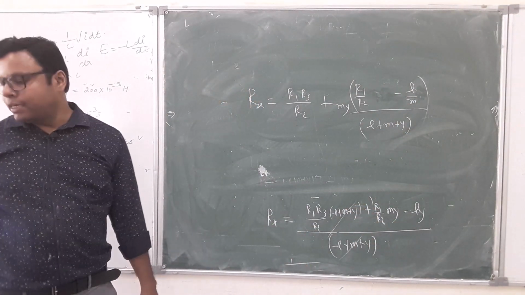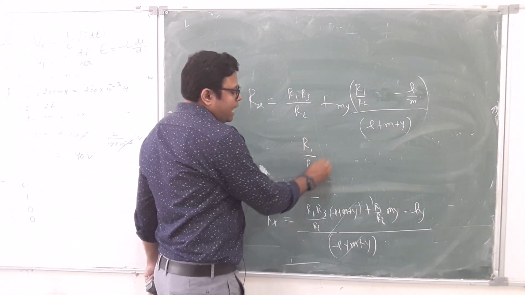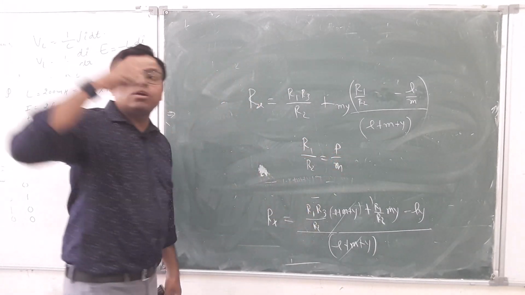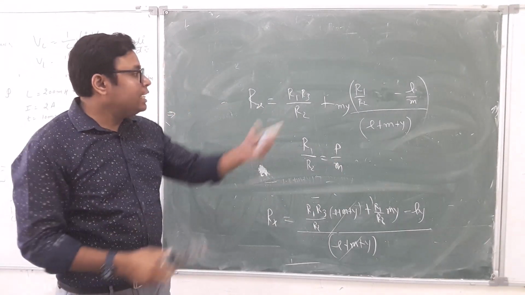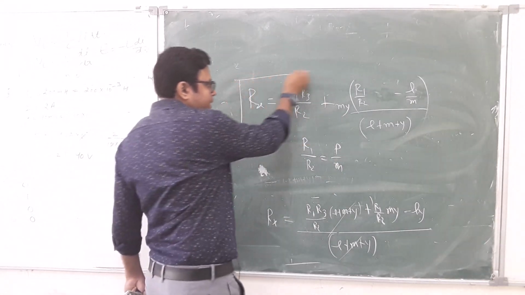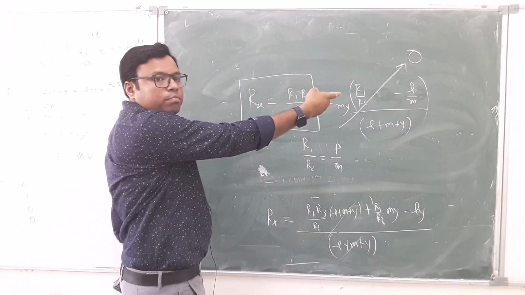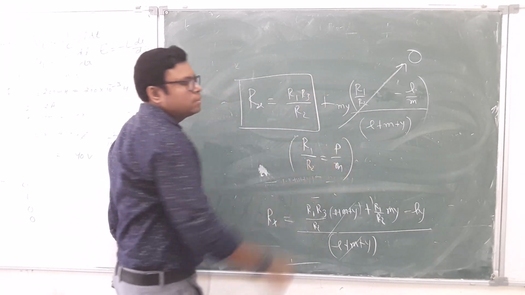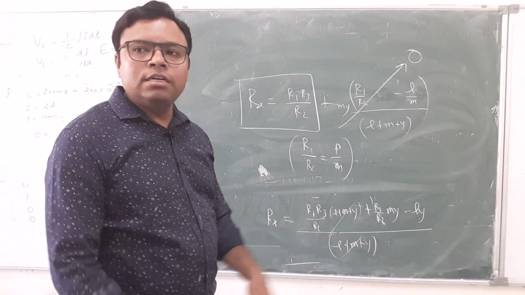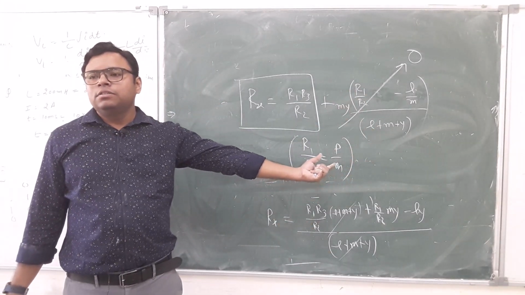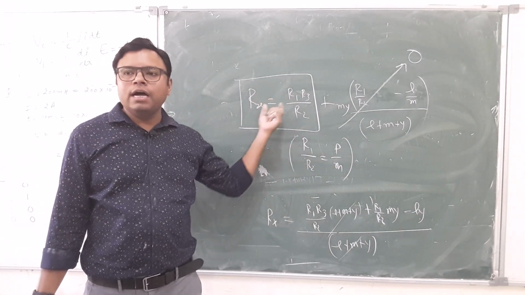So now what he said, that for R1 by R2 is equal to L by M. See, if I have not started with that condition, Kelvin's double bridge condition, still here I want this term to become 0, so this should be equal to this. So even if I do not impose the initial condition, you have to design the circuit to get this, so that Rx will be expressed in terms of R1, R3 and R2.